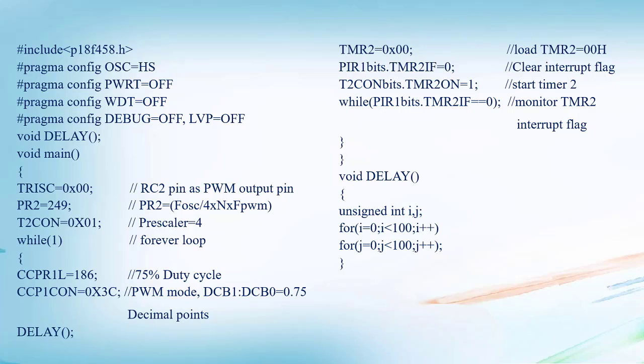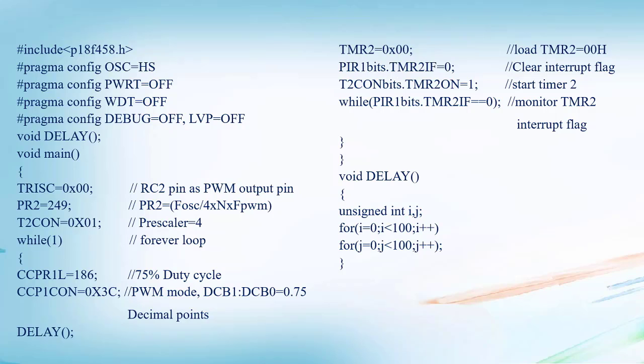Then a while(1) forever loop. Now the next step is to put the values in CCPR1L and the CCP1 control register. So CCPR1L equals 186, and the 0.75 portion we pass into the CCP1 control register, that is CCP1CON equals 0x3C. Give some delay. Then TMR2 equals 0x00, load TMR2 with 00H.